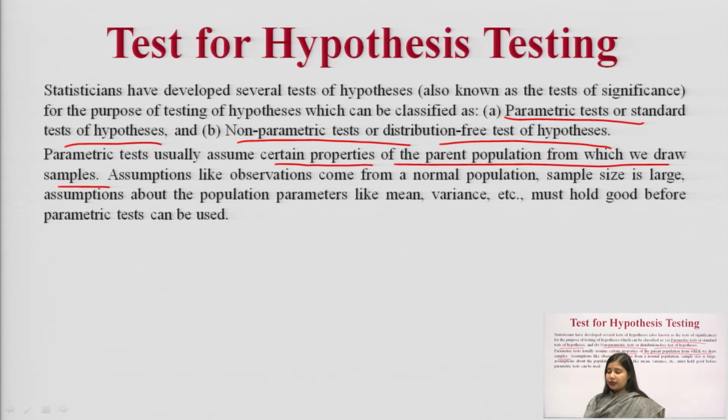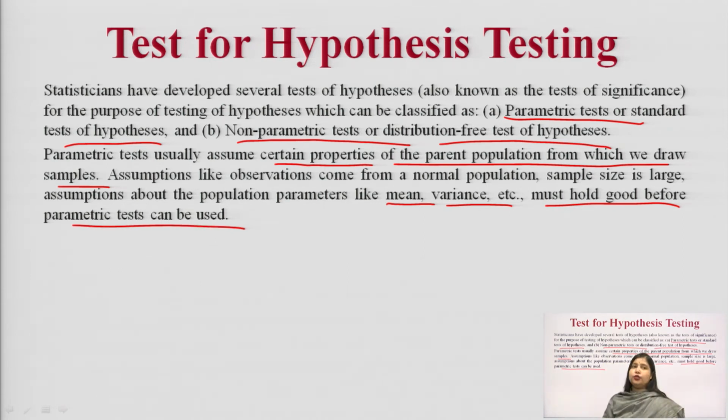We usually assume certain properties of the parent population from which we draw the sample, and assumptions like observations come from a normal population and the sample size is large, and assumptions about the population parameters, like you may assume what the mean, variance, etc. should be, must hold good before the parametric test can be used. So this was your parametric test.